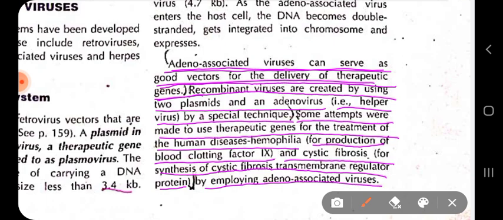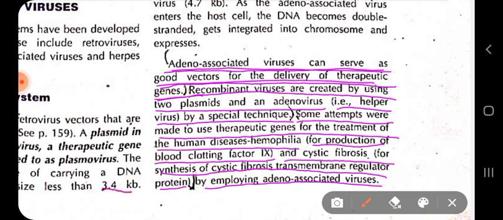So again I repeat, with the help of adeno associated virus, curing two diseases has been tried, and it has been very successful, like for cystic fibrosis, where a gene is responsible for CFTR protein, cystic fibrosis transmembrane regulator protein.